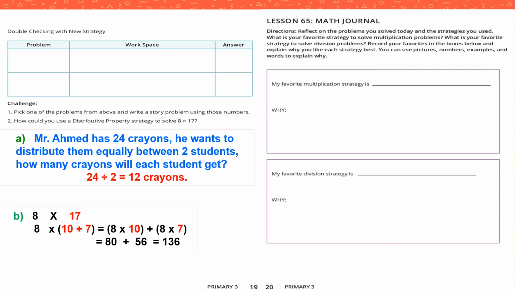I will split it into 10 plus 7 and distribute this 8 once with 10 and next with 7. 8 times 10, 80, plus 8 times 7, 56. Let's add together. Ones with ones, 6 plus 0, 6. And 5 plus 8, 13.